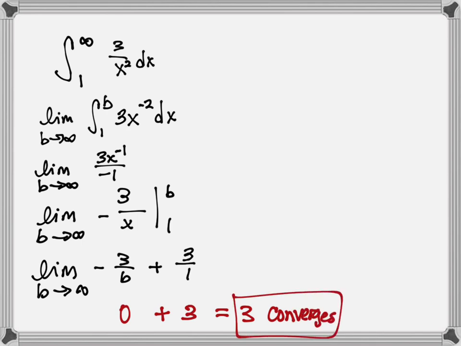It converges. I'd like for you to graph this real quick, okay? Take your calculator, and I'd like for you to graph y1, 3 over x, and y2, 3 over x squared. They're not identical, obviously.